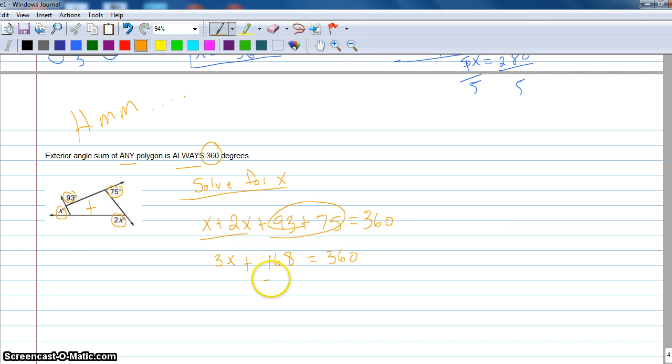Let me subtract the 168. 3x is equal to 192, divided by 3, and x is equal to 64 degrees. So if they're on the outside, you just add them all and put equals 360.